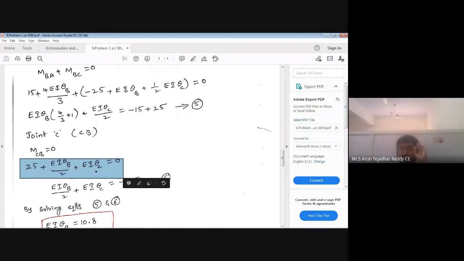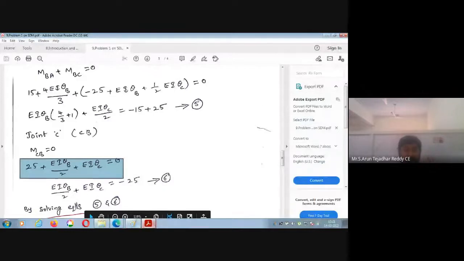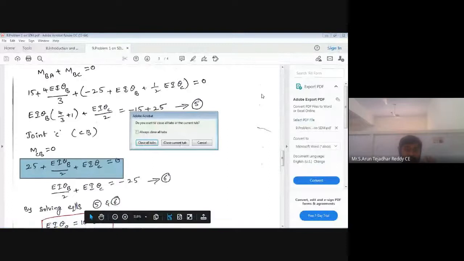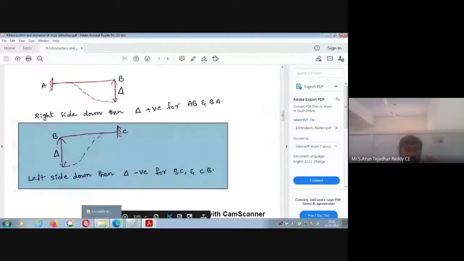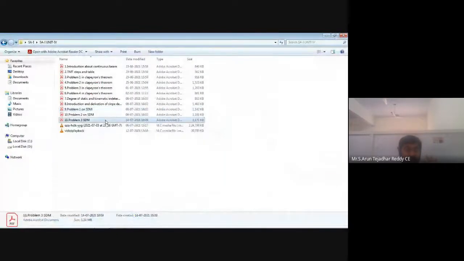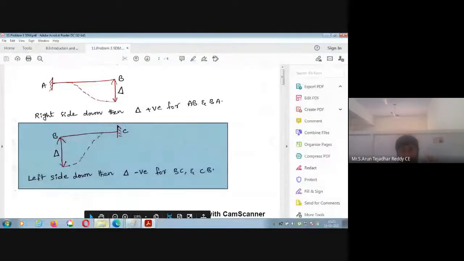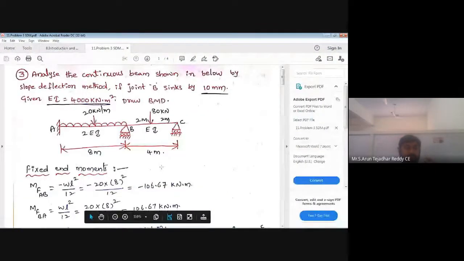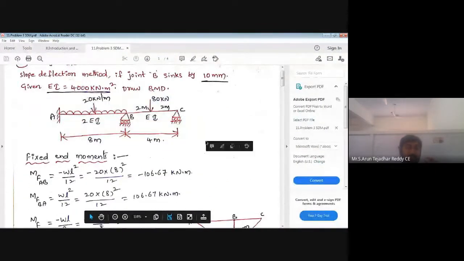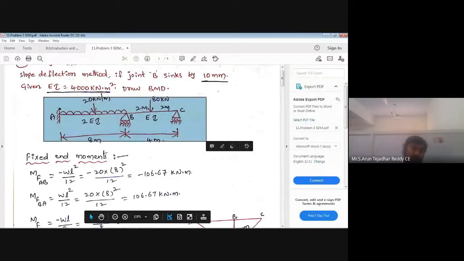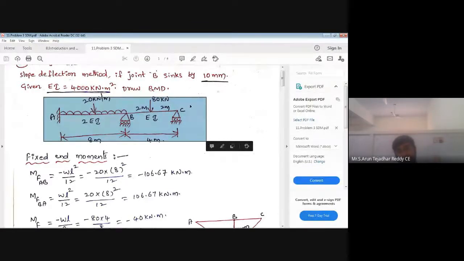Same concept here also: take another joint. Let me open the third problem. Here in this third problem, A is also a joint, C is also a joint. But which is suitable?